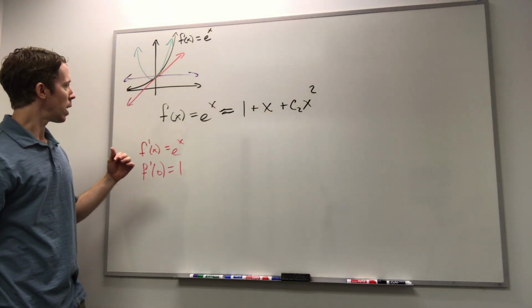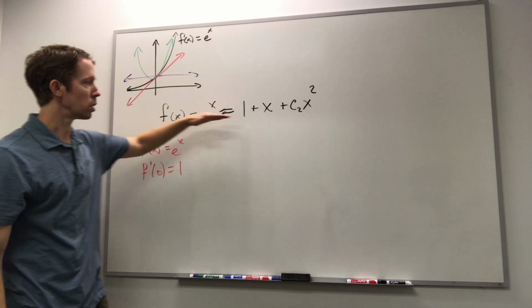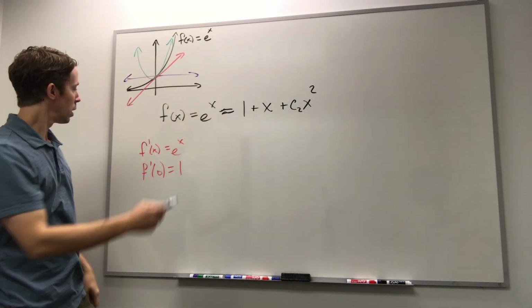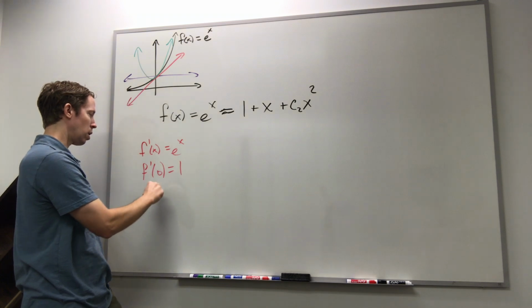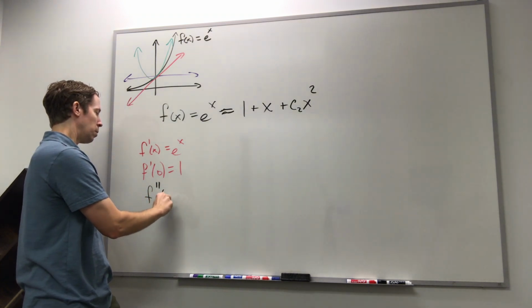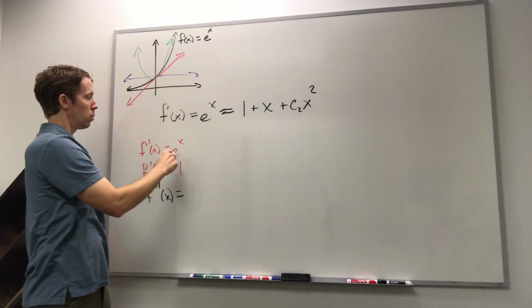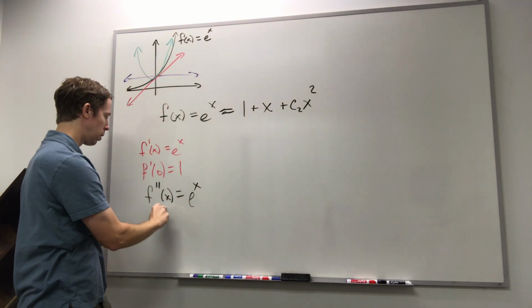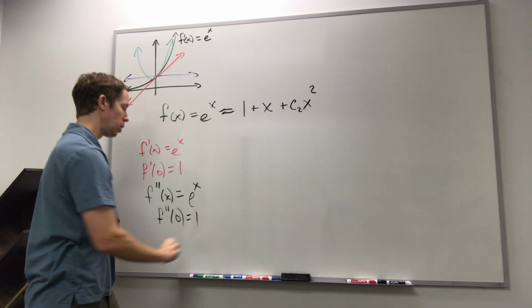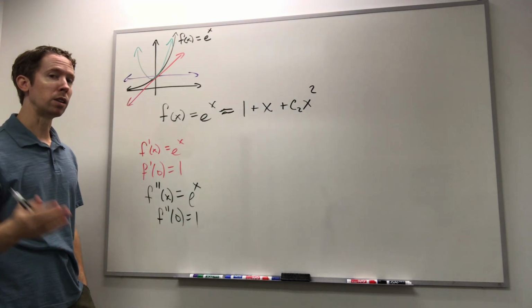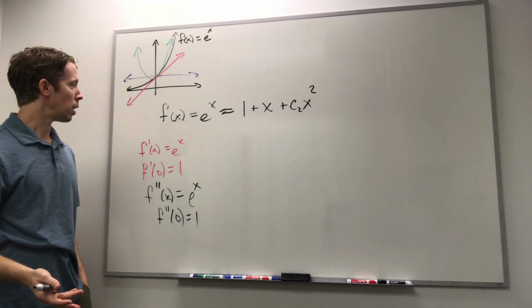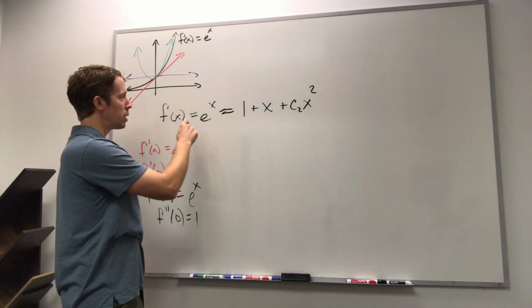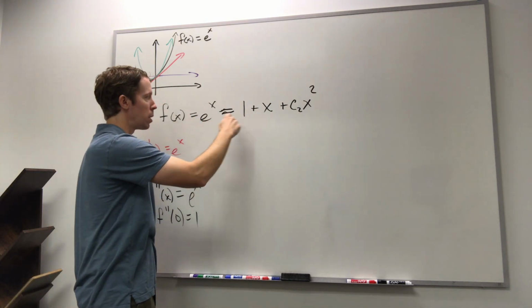What I know is that I want this approximation to have the same concavity as the function e to the x. So I'll take that concavity, I'll take the second derivative, which is still just e to the x. I'll evaluate it at 0. I still get 1. So I want my concavity to be equal to 1. The way I can do that here is I can take the second derivative of my approximation.